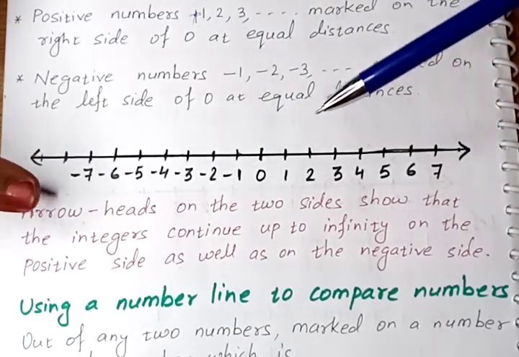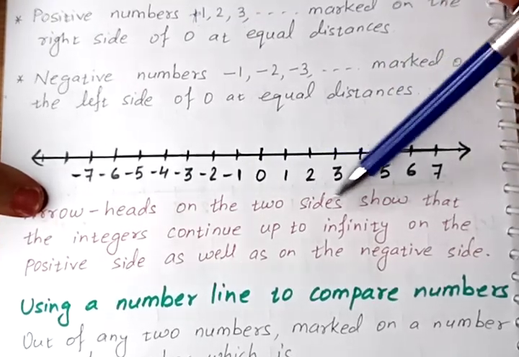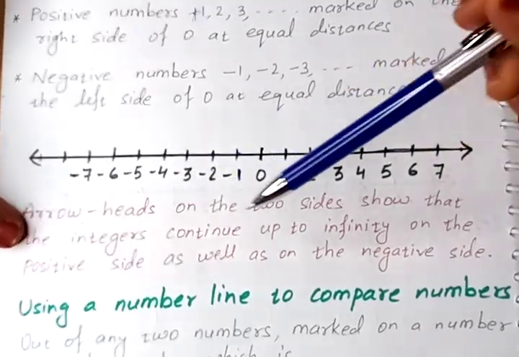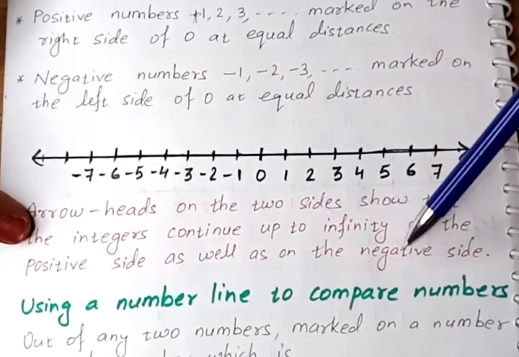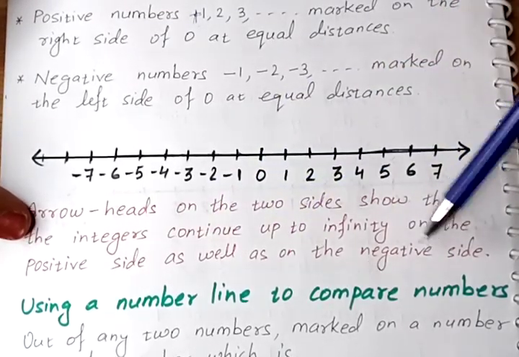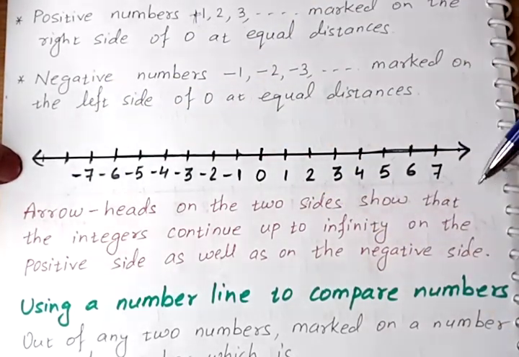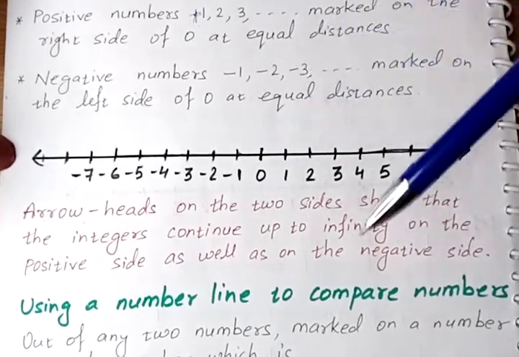Clear, children? Now, the arrowheads on the two sides show that integers continue up to infinity on the positive side as well as on the negative side. Both-side arrowheads show that there are infinite positive and negative numbers on both sides of 0.